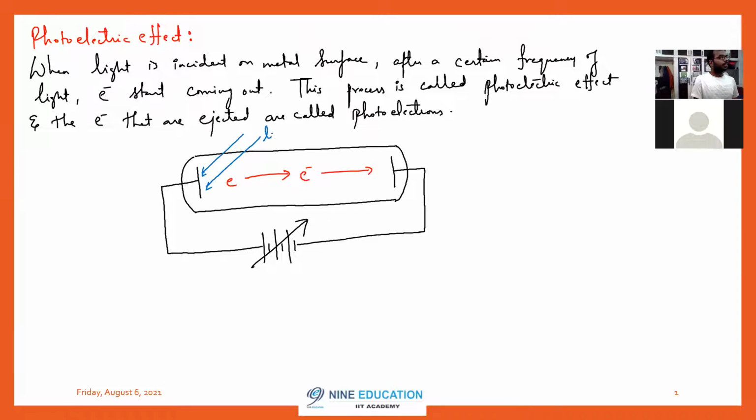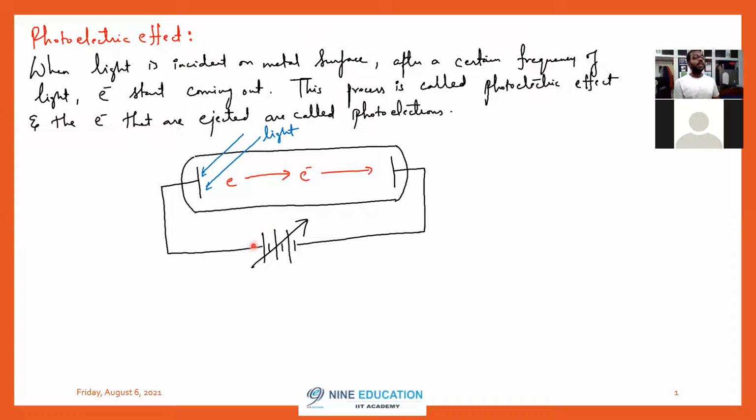This is light. When light is incident on this plate, electrons are ejected, and these electrons are captured by the opposite plate. So there is flow of electrons inside the discharge tube, even though there is no connecting medium in between. That is how current flows in this circuit.